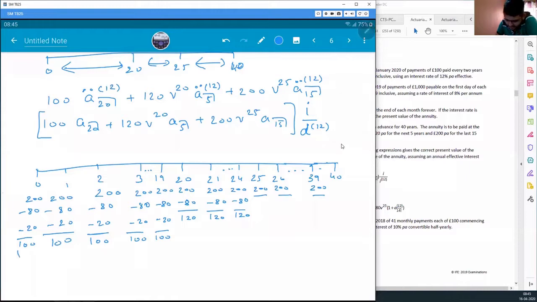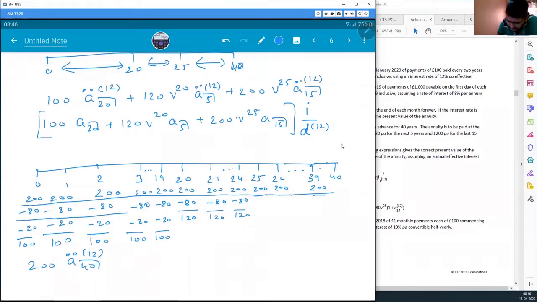So this is the same as first 20 years annuity of rupees 100, the next 5 years annuity of rupees 120, and the next 15 years annuity of rupees 200. So this is another way of writing the annuity. Now what has happened is, if we go this way, it is annuity of 200 for 40 years. So I'll have 200 ADU 40 payable 12 times.